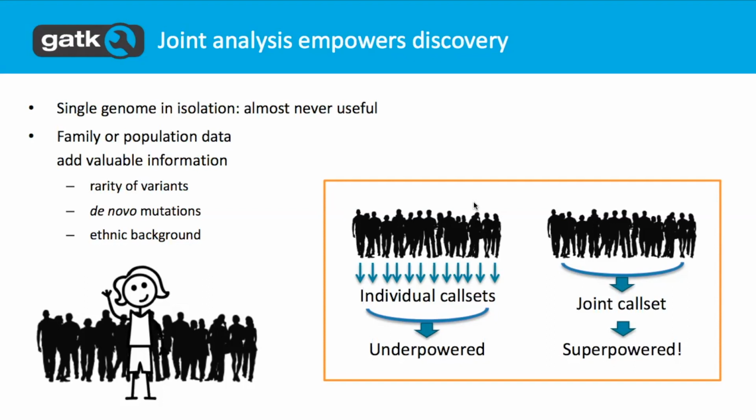Maybe that variant is present in one of the parents, and they're healthy and they don't show the disease phenotype. Or maybe in that population, most people have that variant and they don't have the disease phenotype. So adding that family and population data will help you filter out all of these variants. And so that's essentially the idea behind doing joint analysis.